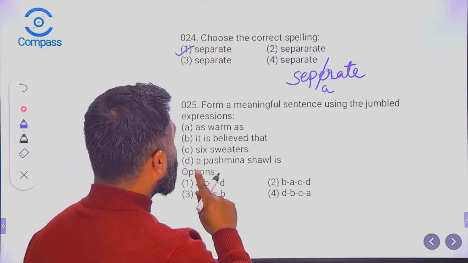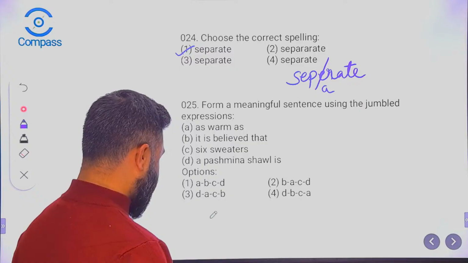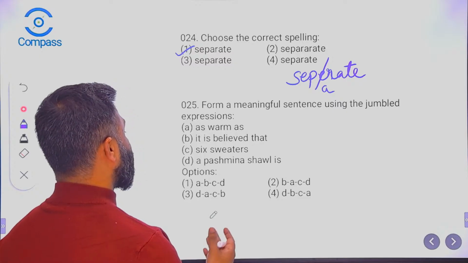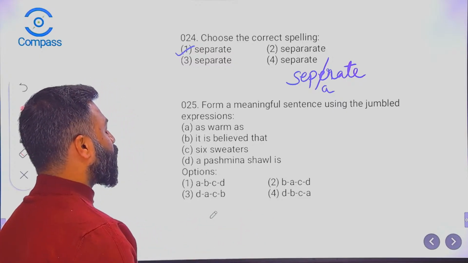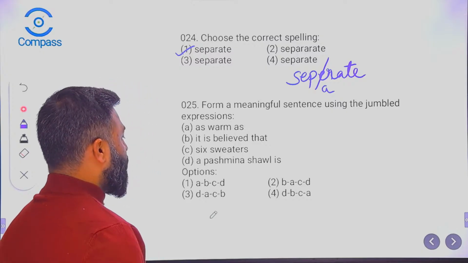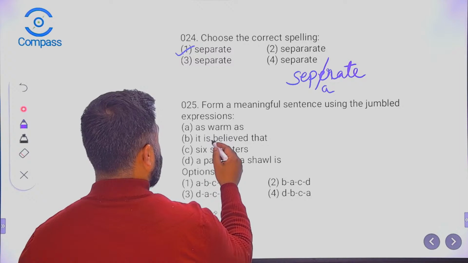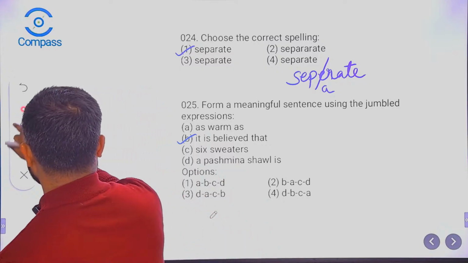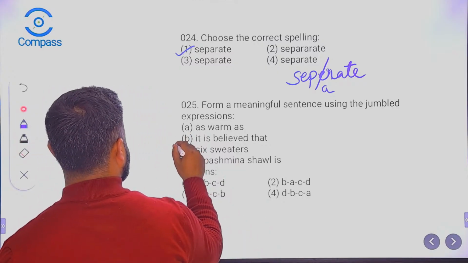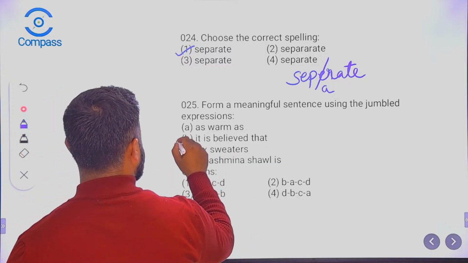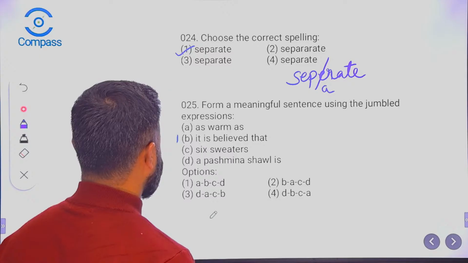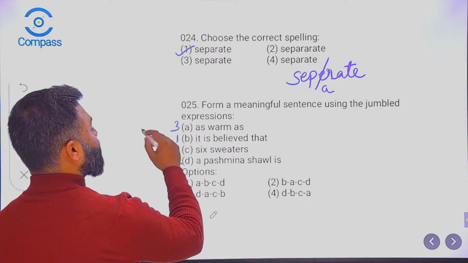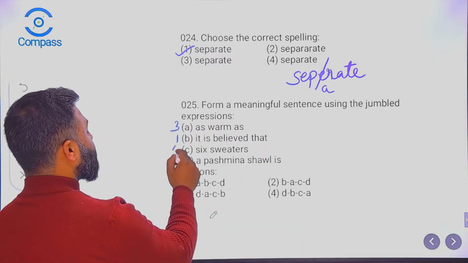Okay, form a meaningful sentence using the jumbled expressions. Okay, so let's find out. As warm as, it is believed that, 6 sweaters, a pashmina shawl is. What do you think? So let's write down. Okay, B, it is believed that, okay, let's do it this way. So it is believed that a pashmina shawl is as warm as 6 sweaters.